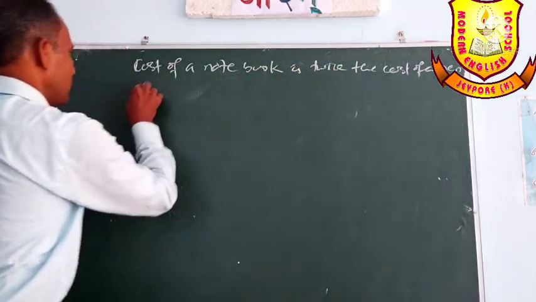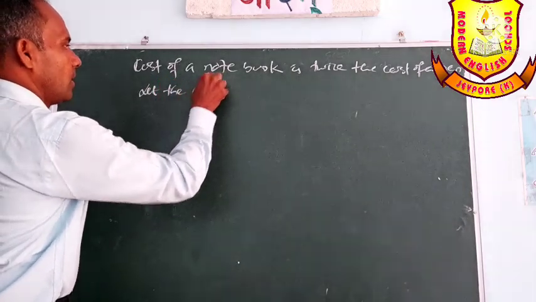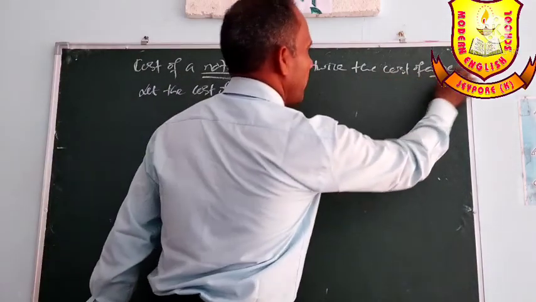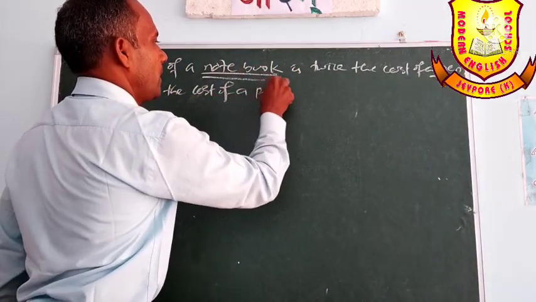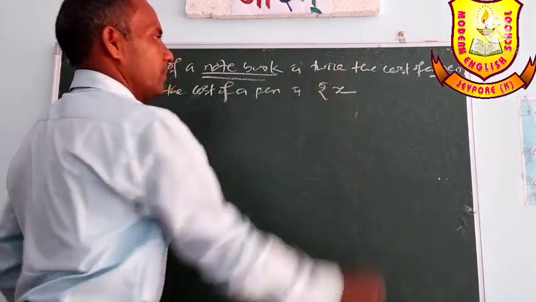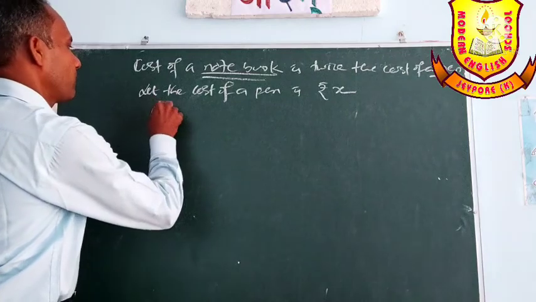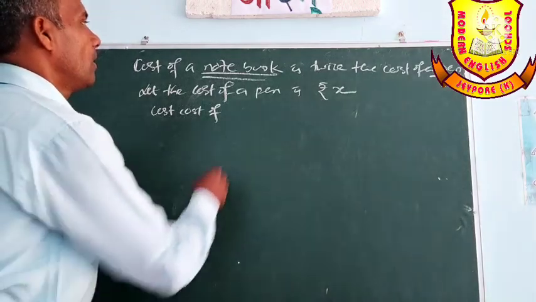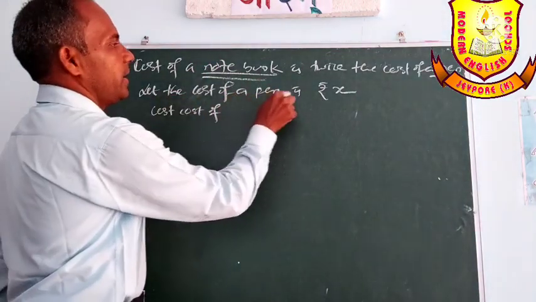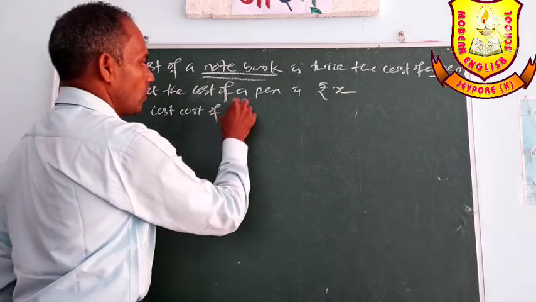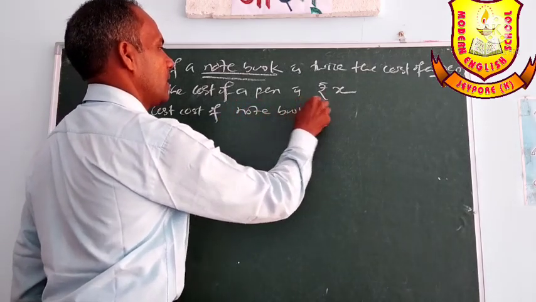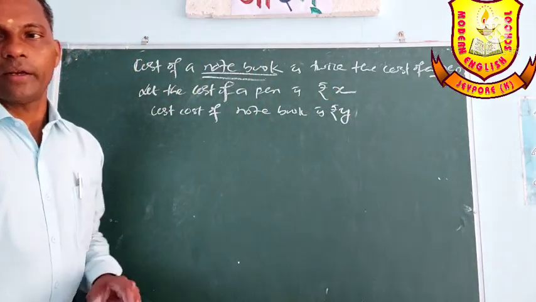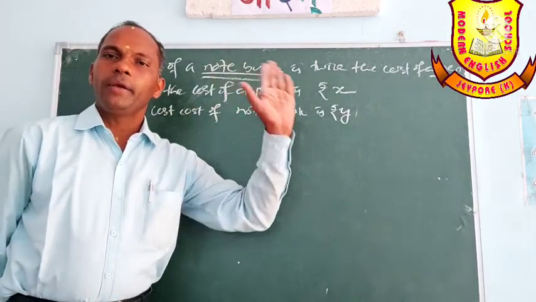Let us take the cost of a pen as X rupees and the cost of a notebook as Y rupees, because two unknown things are there: one is notebook, another one is pen.